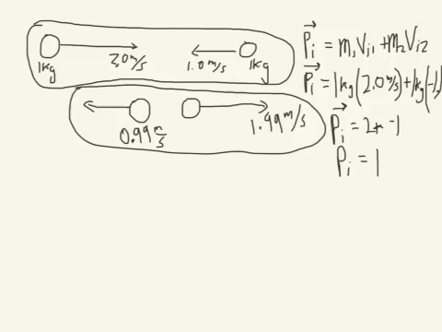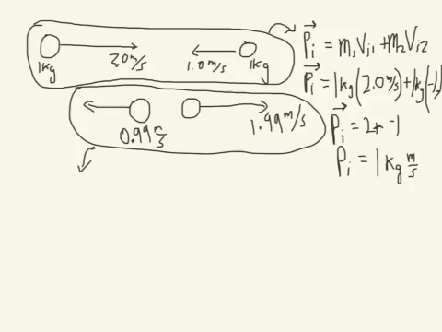And the units are that of mass times velocity, kilograms times meters per second. That was before the collision. Now let's check after the collision. If we get a momentum of 1 for the two-ball system after the collision, then momentum has been conserved.